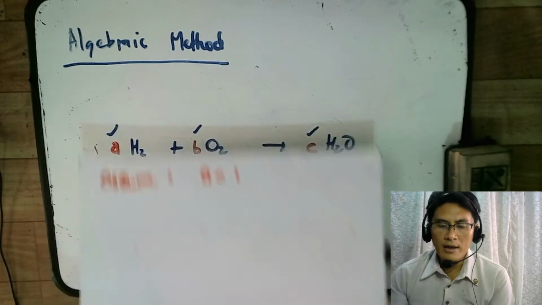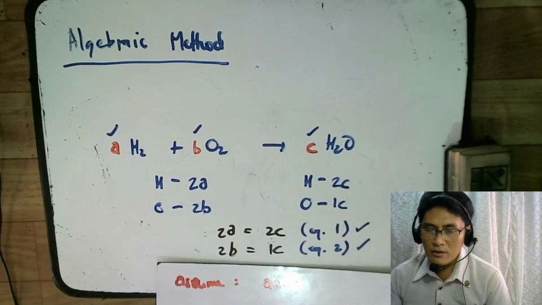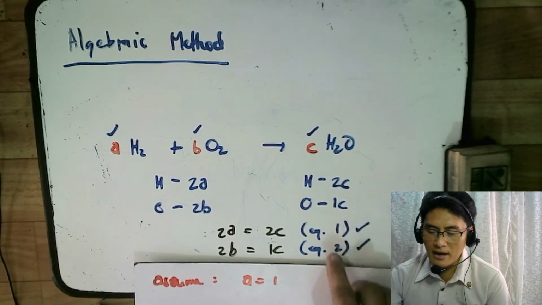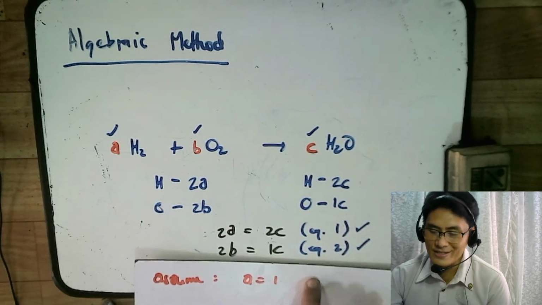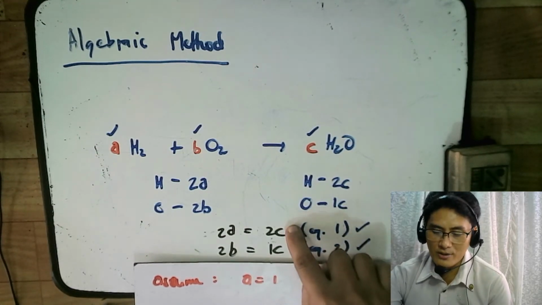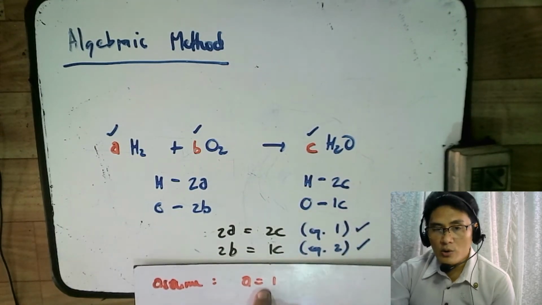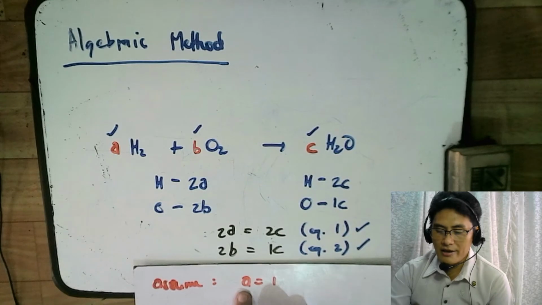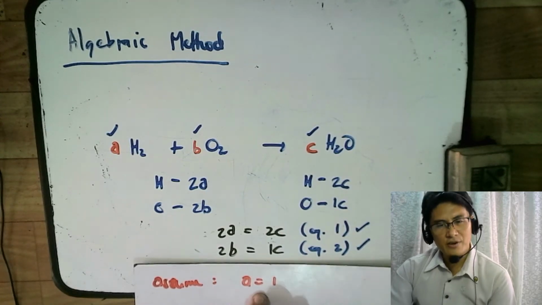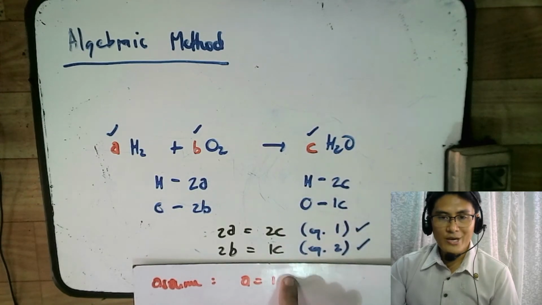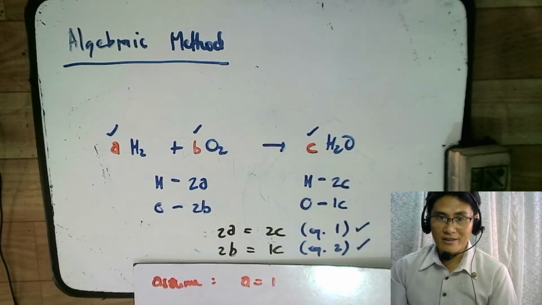You can think of it as, when you assume that A is equal to 1, you kind of made a third equation. Because you see, this is the first equation, 2A equals 2C. Second equation, 2B equals 1C. Now you created a third equation, which is A equals 1. That's still an equation, right? So therefore, you have three unknowns, and now you have three equations. So you can now solve for it, right?